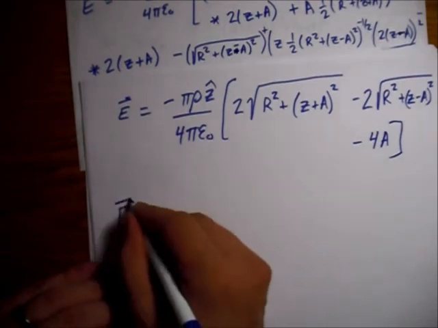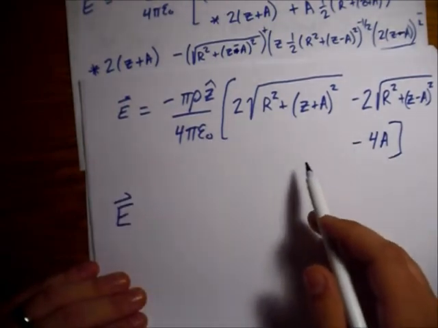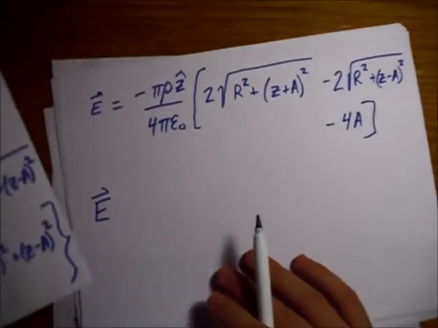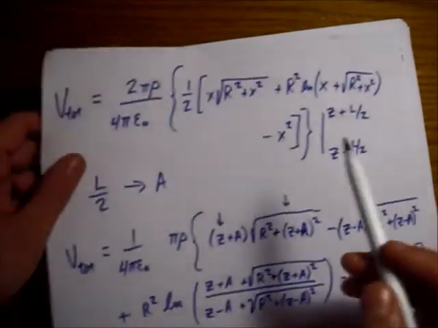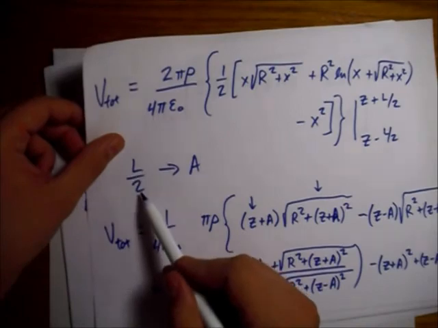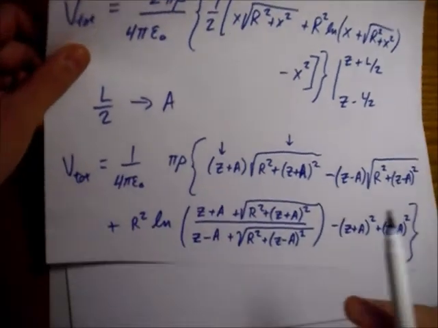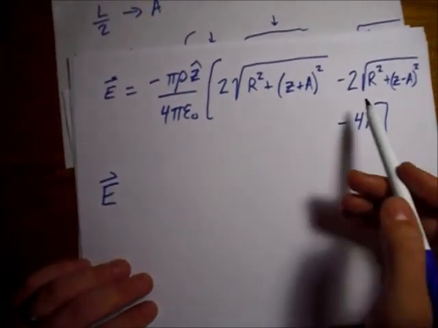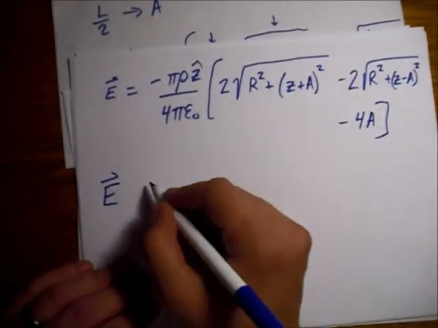Anyway. So let's go ahead and put this back into the terms of our problem. So I'm going to reverse our substitution where we used L half. We changed that to A, so let's change it back to L over 2. And let's go ahead and factor out a 2 as well.